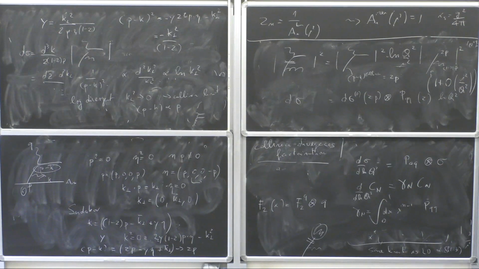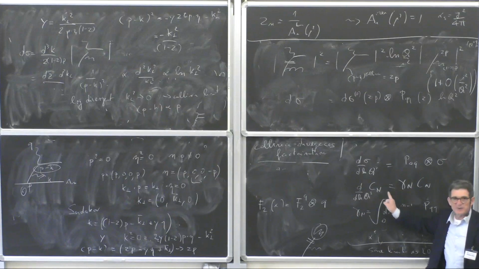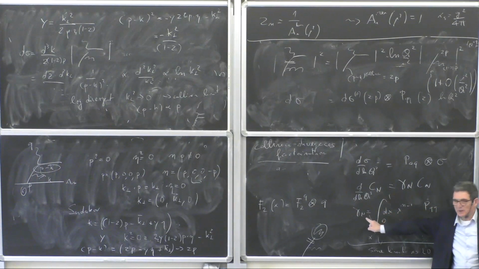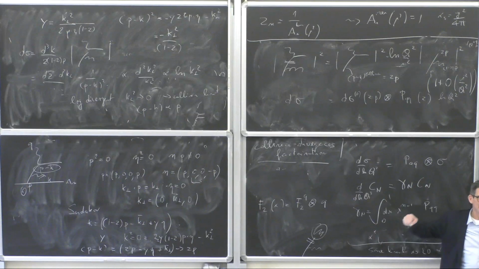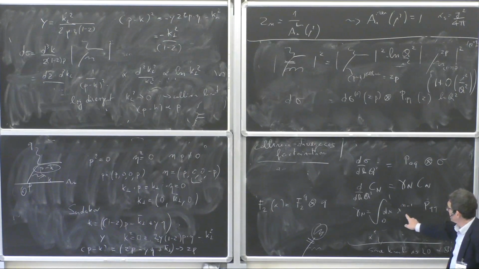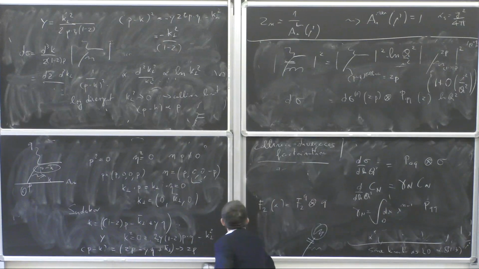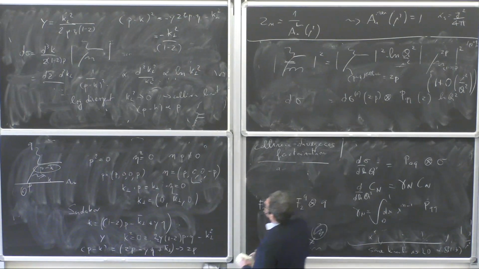Okay, and if I actually solve the renormalization group equation like I did before, and I look at the corresponding equation in x space, so I take an inverse Mellin transform, then I realize that what I'm actually doing is summing, I suppose I can write it here.